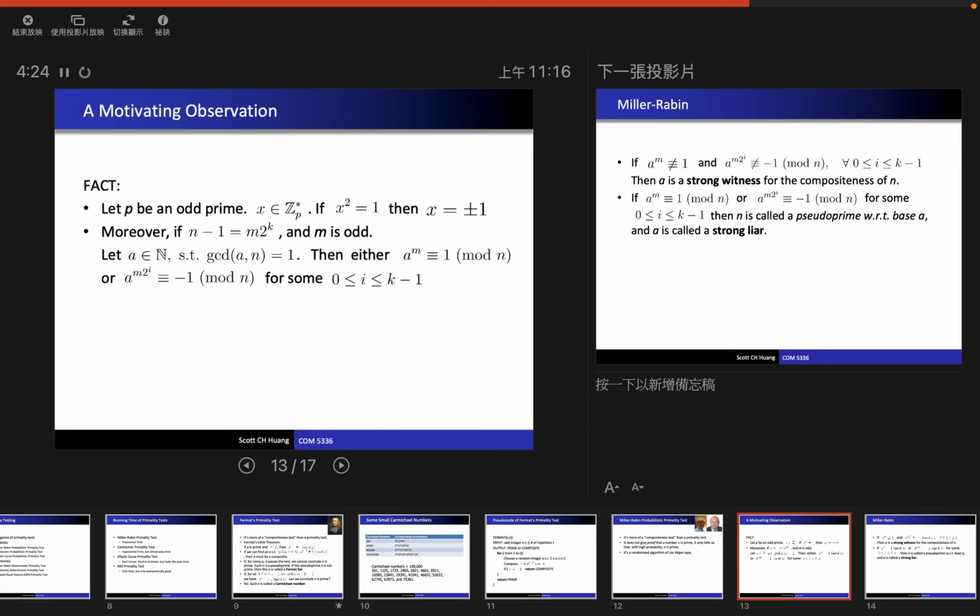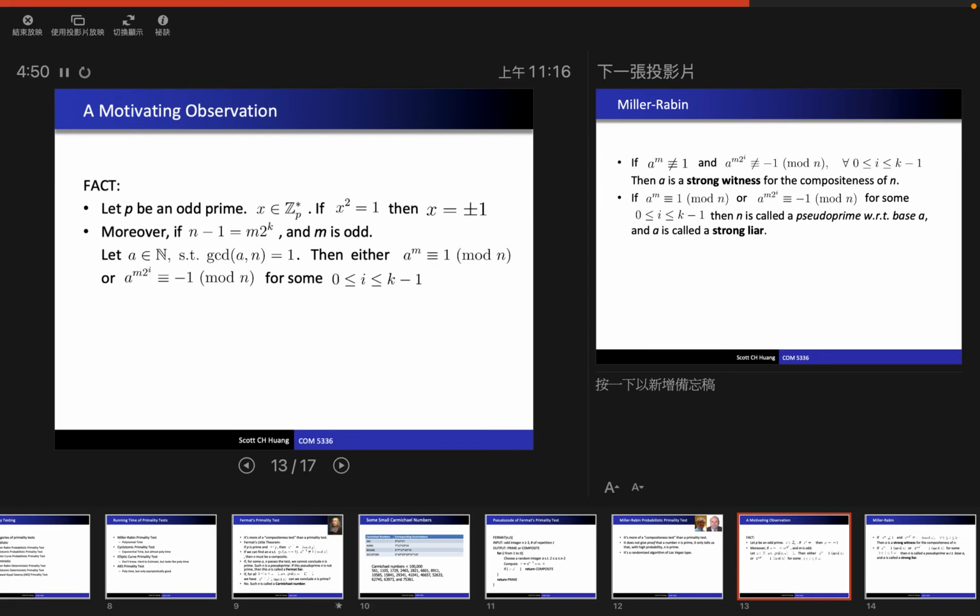So, for example, n minus 1 is this m times 2 to the power of k. That means we can actually have k square roots before that. So prior to that, we have a to the m times 2 to the power of k minus 1.